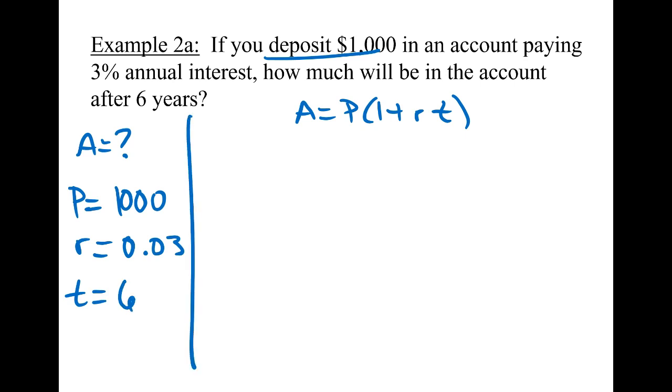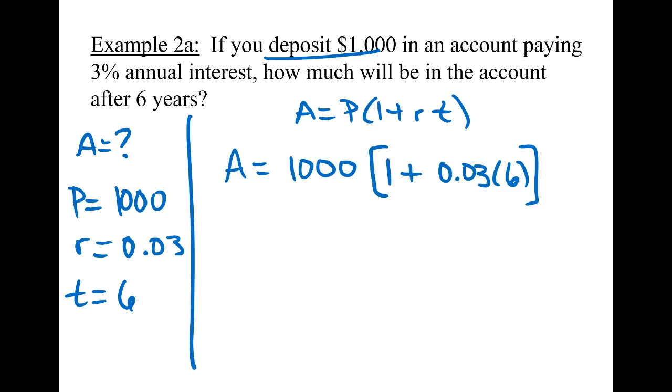Now that we have that information, let's plug the values into our formula. We get 1,000 times (1 plus 0.03 times 6). We start working inside the brackets first. So we multiply 0.03 times 6, and that's 0.18.